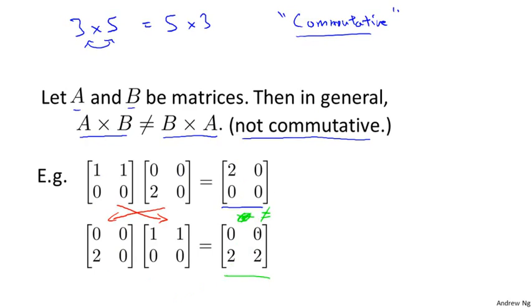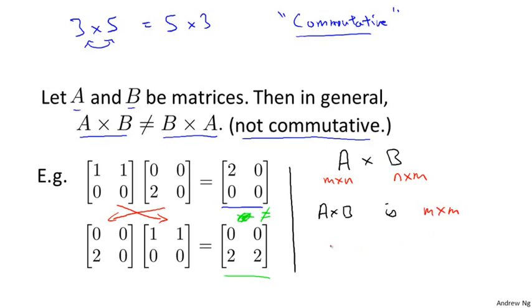In fact, in general, if you have a matrix operation like A times B, if A is an m by n matrix and B is an n by m matrix, just as an example, then the matrix A times B is going to be an m by m matrix, whereas the matrix B times A is going to be an n by n matrix.